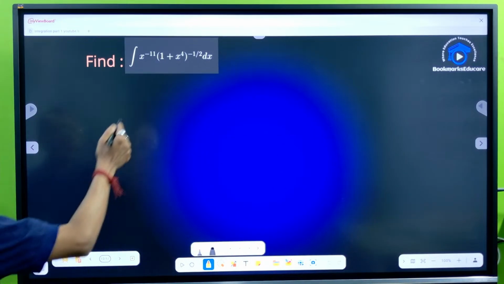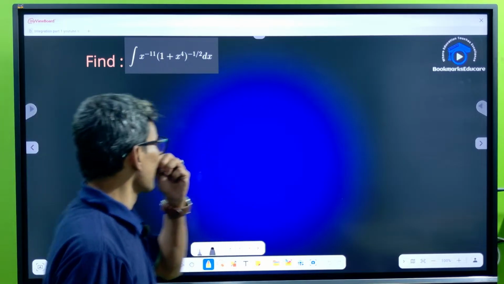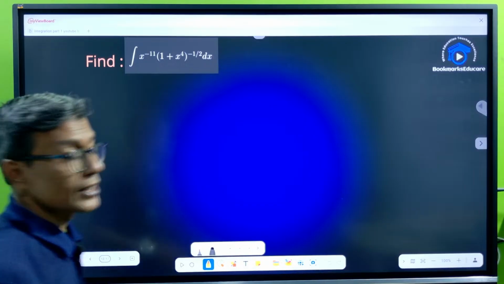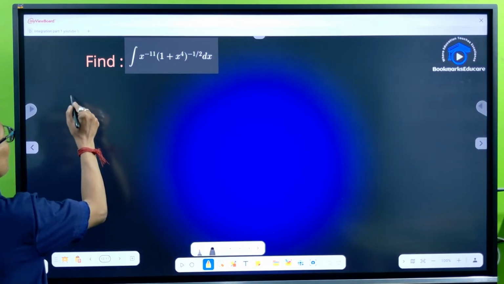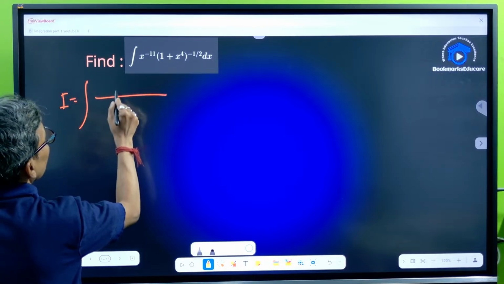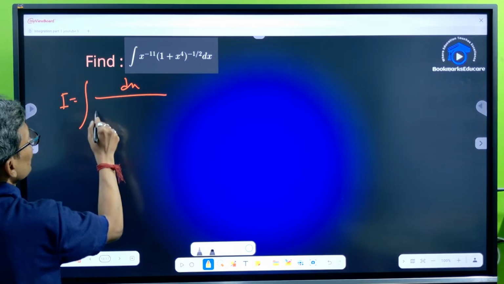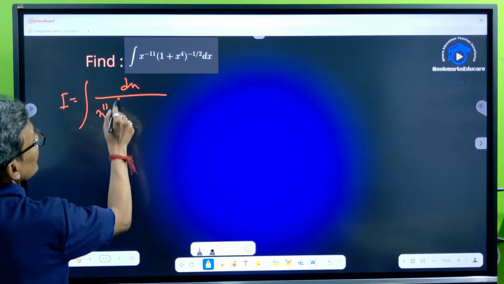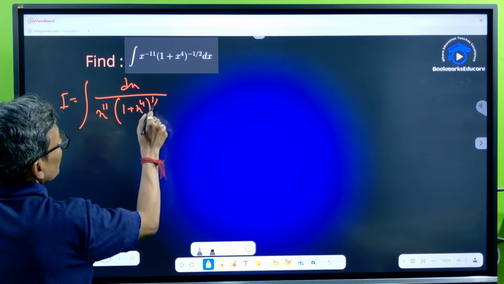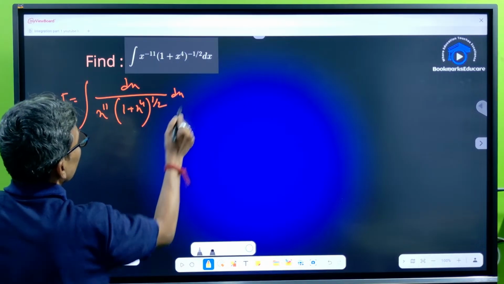So this is one type of special sum and is very important, it's a very tricky sum. So I is equal to dx by x to the power 11 into 1 plus x to the power 4 whole to the power half dx.